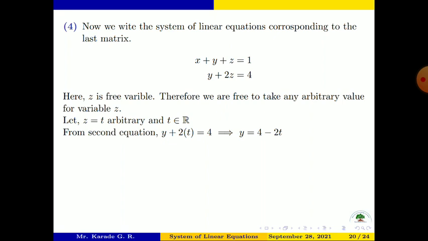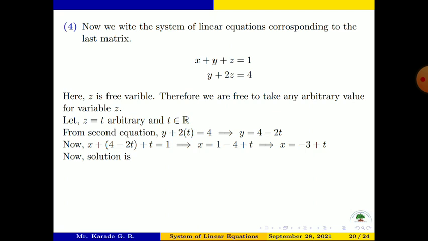Where z is equal to t and this implies y equal to 4 minus 2t, and from equation number 1 we have x plus 4 minus 2t plus t is equal to 1, and this implies that x is equal to 1 minus 4 plus t, and this implies that x is equal to minus 3 plus t. So this is the simple calculation. You can do yourself also.